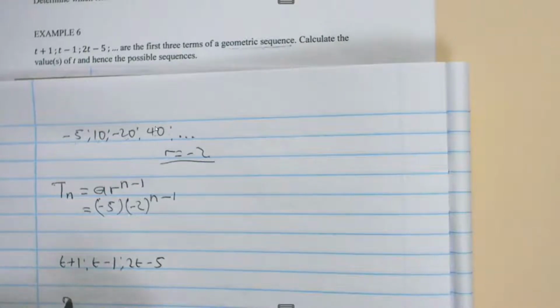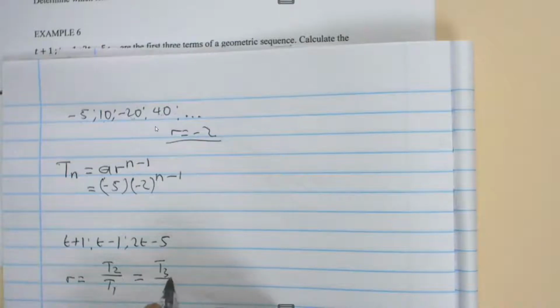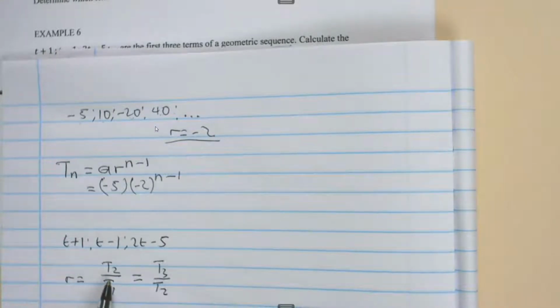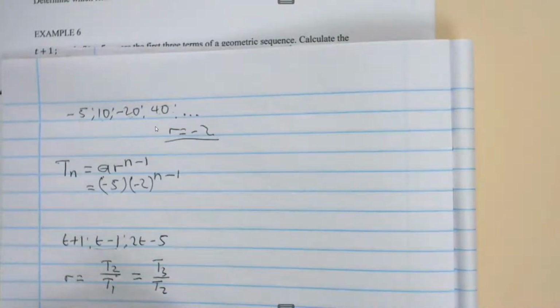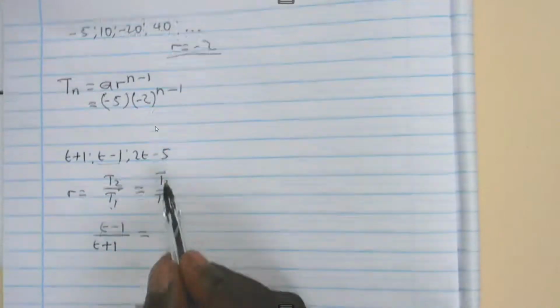Our ratio equals term number 2 divided by term number 1, and that must equal term number 3 divided by term number 2.